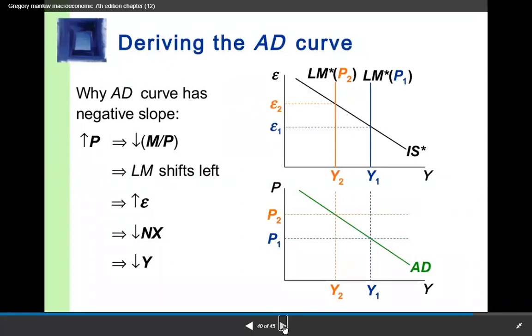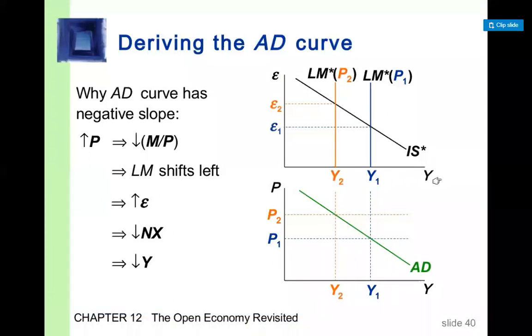Here you can see the derivation of the aggregate demand curve. The exchange rate is on the vertical axis and income is on the horizontal axis.